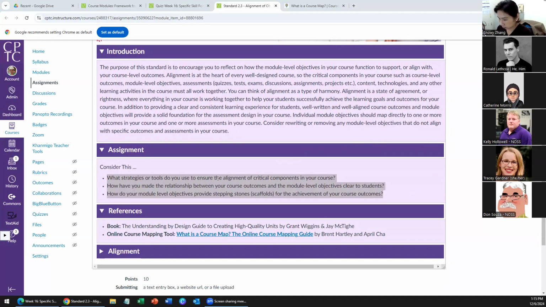The first question is about what strategies or tools you use to ensure the alignment of critical components of your course. Kelly mentioned that he's used a bunch, but I don't know if you were able to think of any specific ones, and I'm sure Snowy can give us some of hers. Does anybody have any tools that they use to ensure alignment?